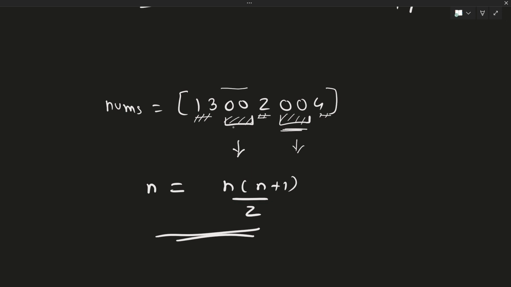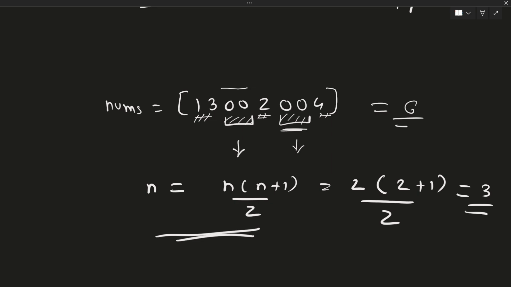So let's apply this formula here, as here the subarray is of length 2. So the total subarrays which can be produced in this part is 2 into (2 plus 1) by 2, which is indeed 2 into 3 by 2, which is 3. Okay, so 3 for here and 3 for here, so total it would be 6.